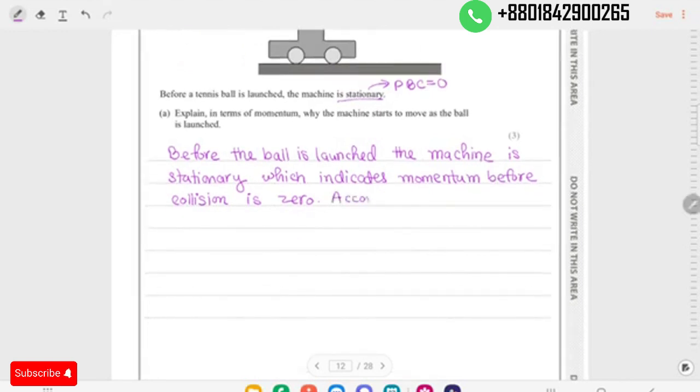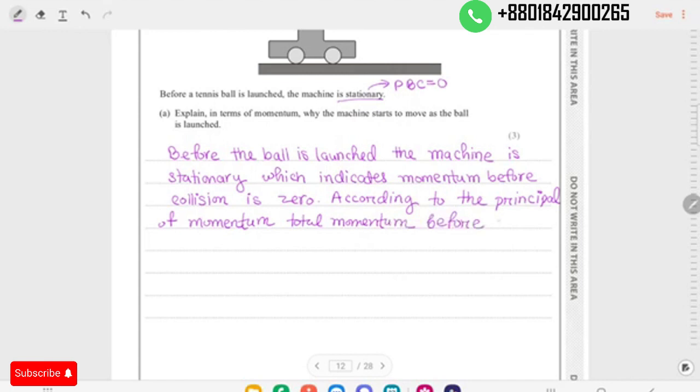So we can write that according to the principle of momentum, total momentum before collision is equal to the total momentum after collision.